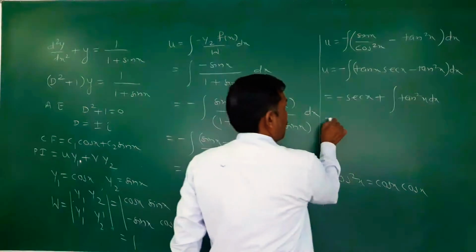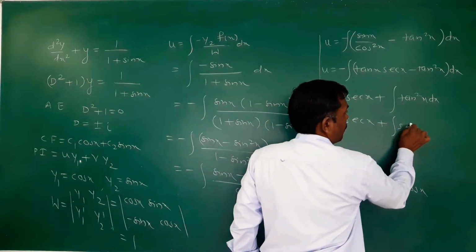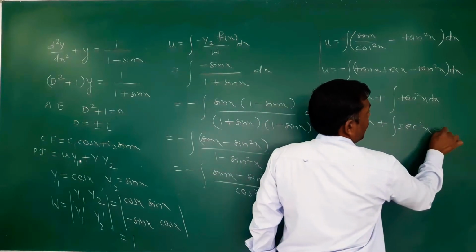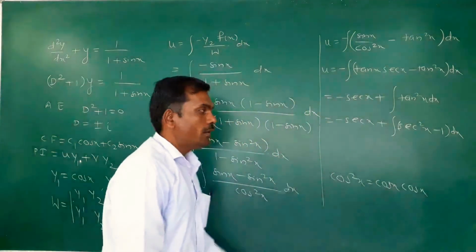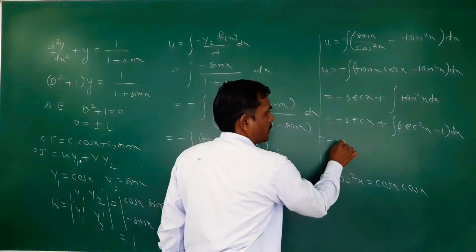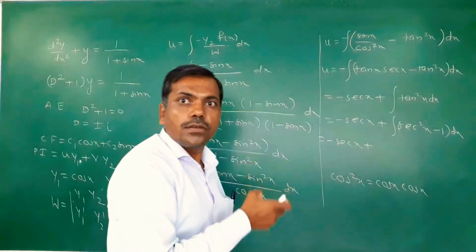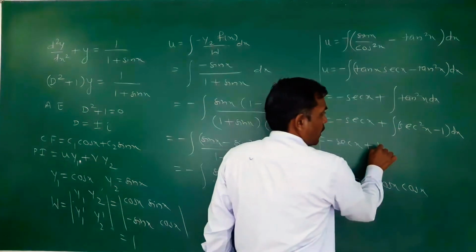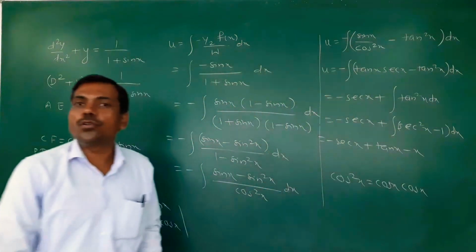So here minus sec x plus integration of (sec² x minus 1) dx. Right? And integrate now: minus sec x plus tan x minus x. So this is the value of u.